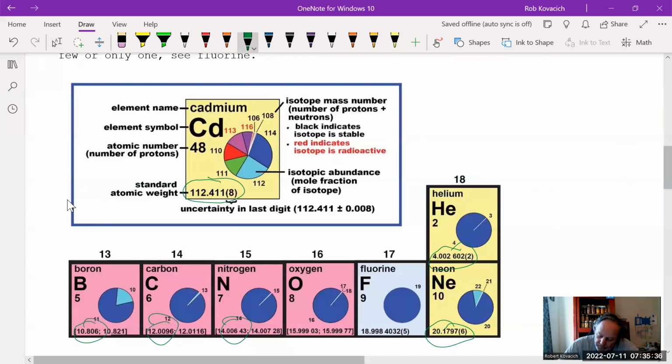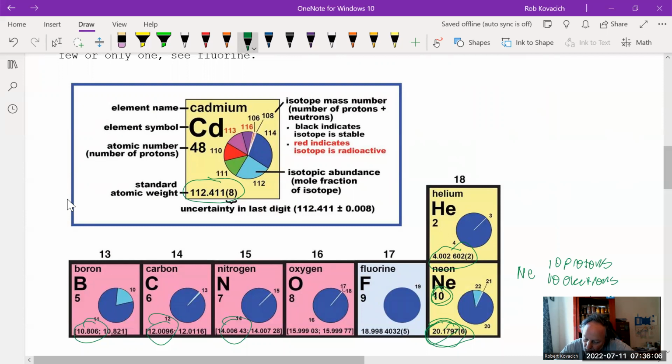So this is neon, and neon has 10 protons. It has to, because it's neon. And that's what this number is telling us. So if it has 10 protons, it has 10 electrons. And since the total mass is about 20, that means most of the neons that you're going to find have 10 neutrons.